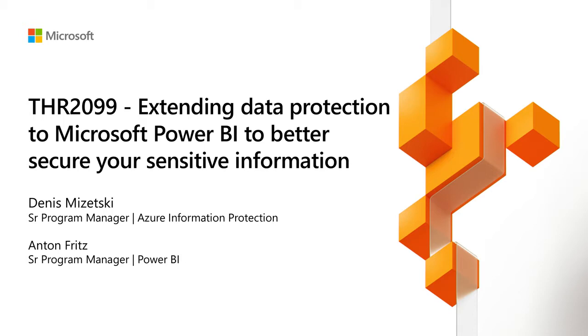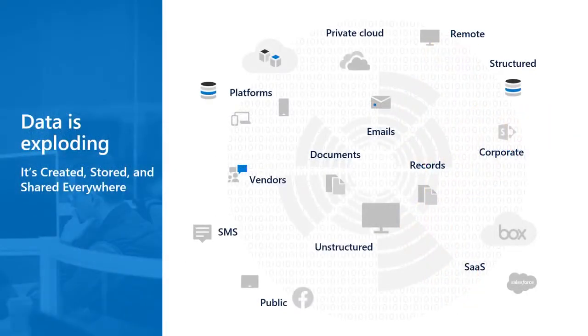I assume that some of you have already seen this slide from other information protection sessions. Data is exploding. We create data at tremendous rates, with a few facts. In 2020, we are going to create 1.7 megabytes per second for every person in the world.